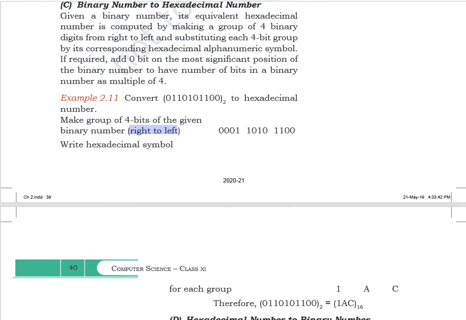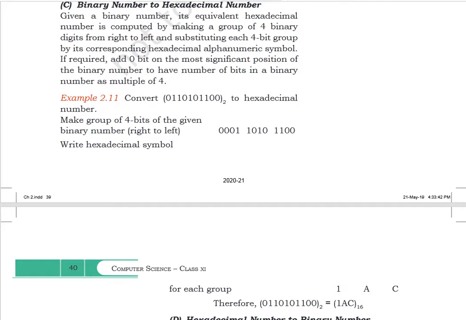We cannot make the group from left to right, because if there is any shortage of bits we have to add zeros on the right side, then the value of the originally given data will be changed. But if we add zeros on the left hand side, that will not change the value of the given number. That's why when we make the groups, we always make them from right to left.